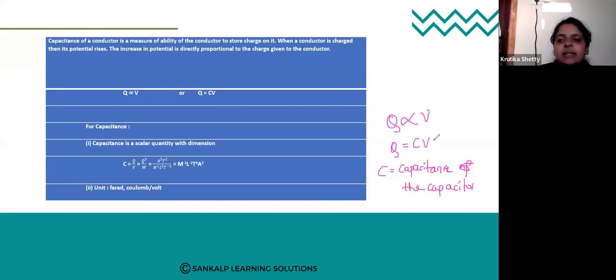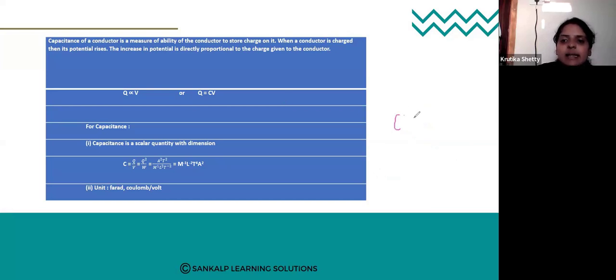So the expression is Q is equal to CV. We can also write this as C is equal to Q divided by V. This is the capacitance expression, C is equal to Q by V.